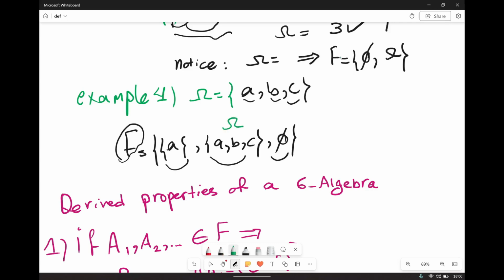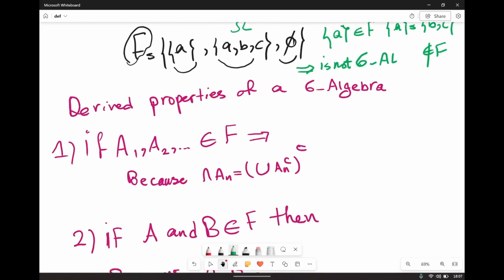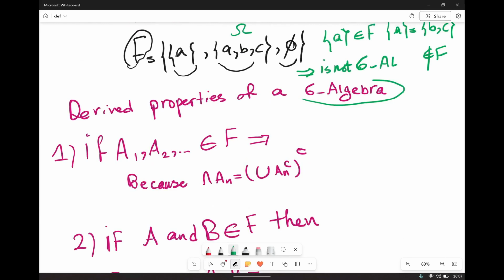Yes, omega is there, so property 1 holds, but about property 2, if the set A belongs to F, we know by property 2 the complement of A, exactly {B, C}, must belong to F, but it does not, therefore it is not a sigma algebra.